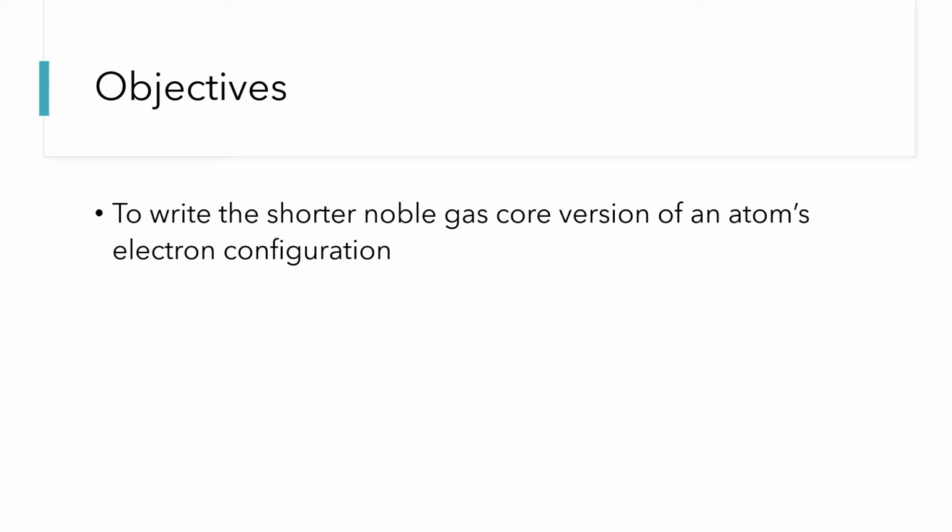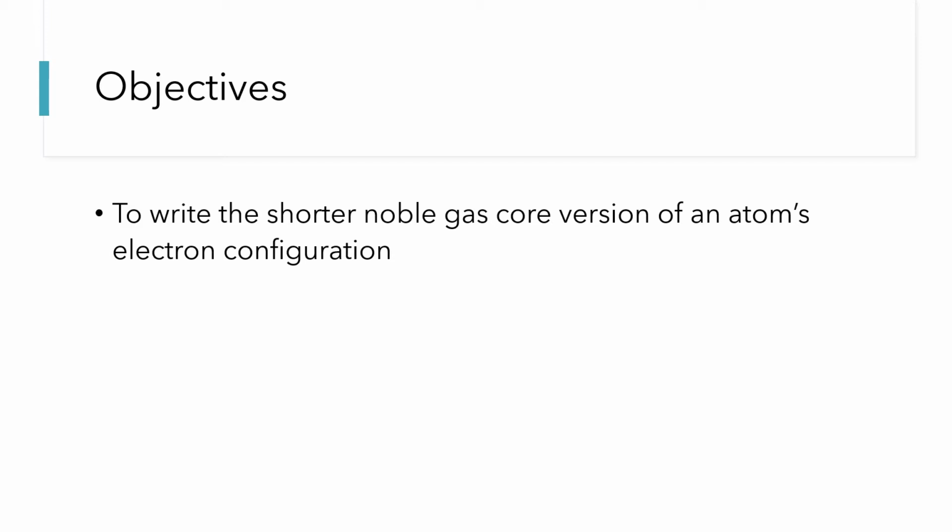The shortcut that we are going to develop here is going to use the concept of a noble gas core. The noble gases, which are that last column, column 18 in the periodic table, are elements that really don't react, and they don't react because their electrons are arranged in a very stable arrangement.